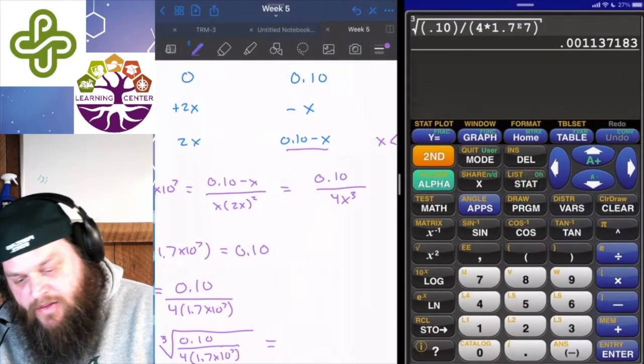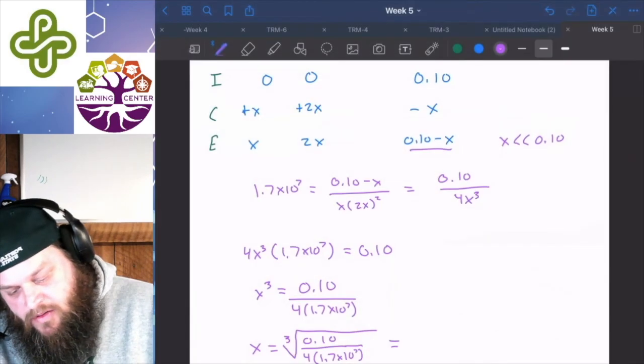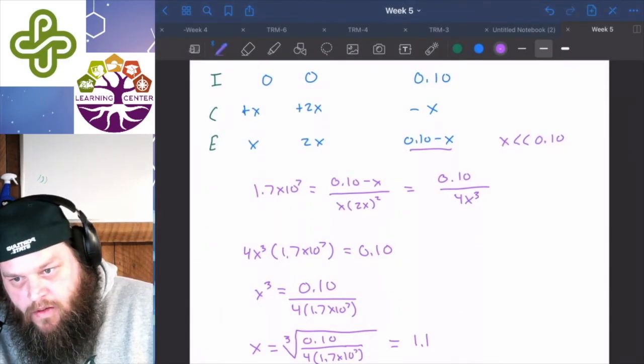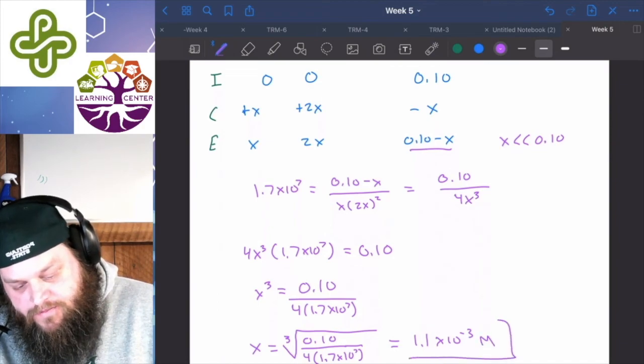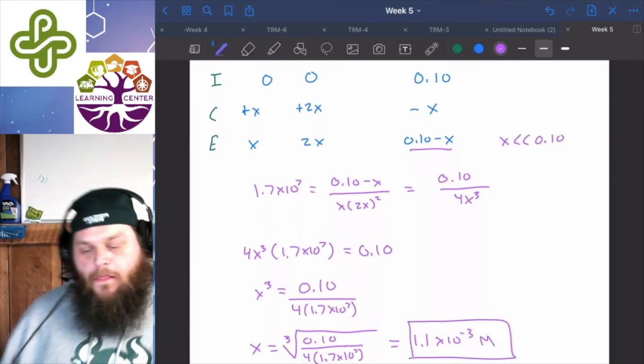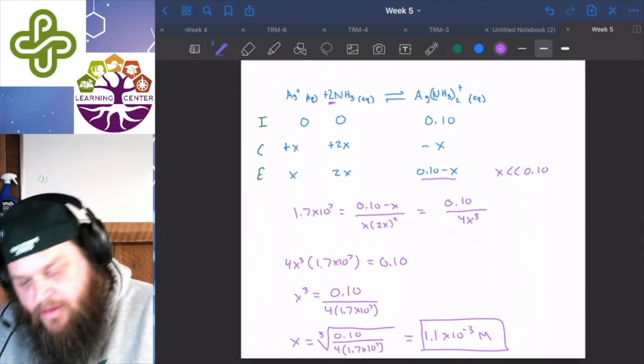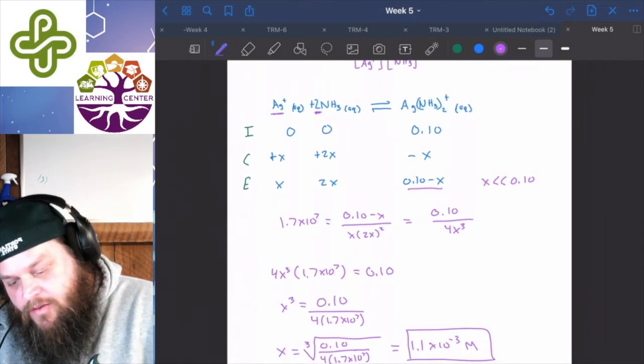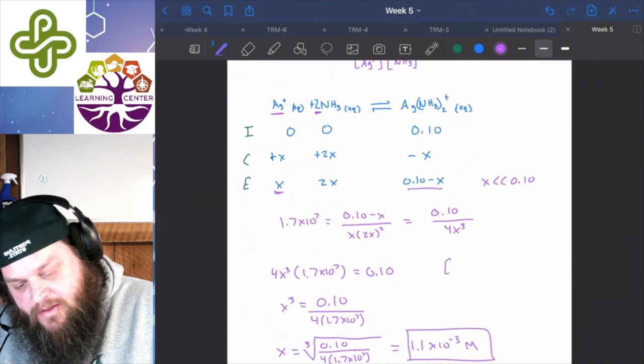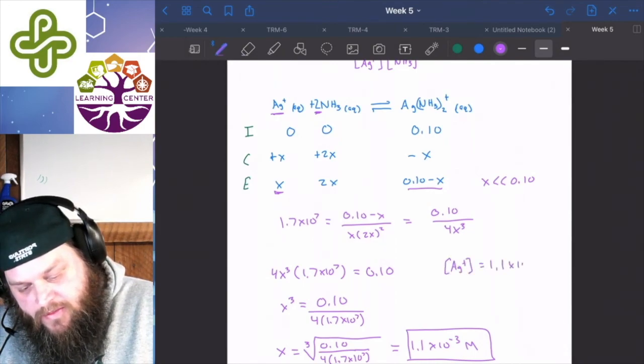So I can just round that to 1.1 times 10 to the negative 3 molar. And that is going to be the concentration of the silver, because silver is equal to the x. So I can say concentration of Ag plus is going to equal 1.1 times 10 to the negative 3 molar.